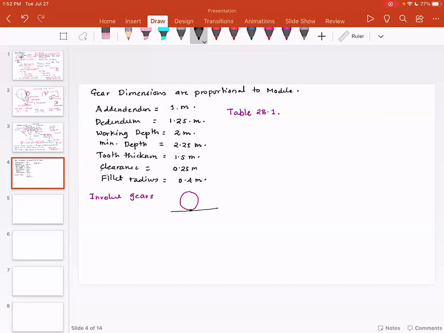So for involute gears, if the number of teeth is less than 14, then interference may be possible.